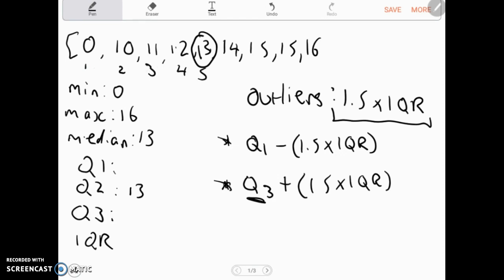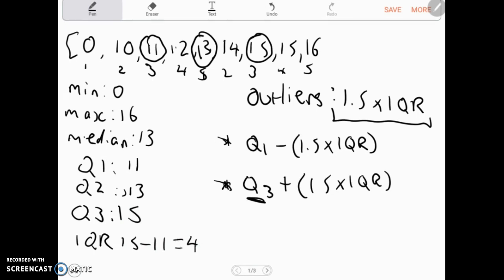So there's 5 data points, so 5 divided by 2 is 2.5, rounded up to 3. The third data point is 11. And we can do the same for Q3. 1, 2, 3, 4, 5. Third data point is 15. And the IQR is 15 minus 11, which equals 4.